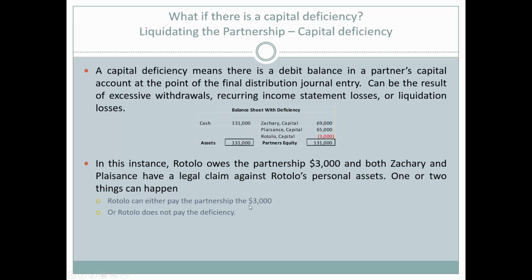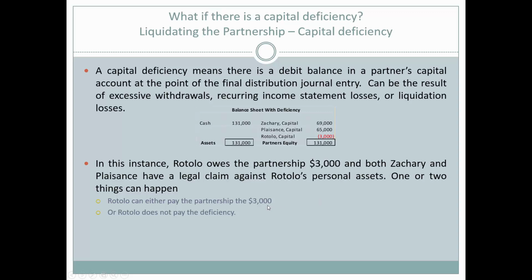Rotolo can either pay the partnership the $3,000, and sometimes that will happen, but a lot of times people feel that the partnership wound up not being profitable for them, so they feel like they don't really owe it because it took money from them rather than providing money to them, not thinking about how their personal choices may have affected the partnership and may have wound up with a debit balance for him.